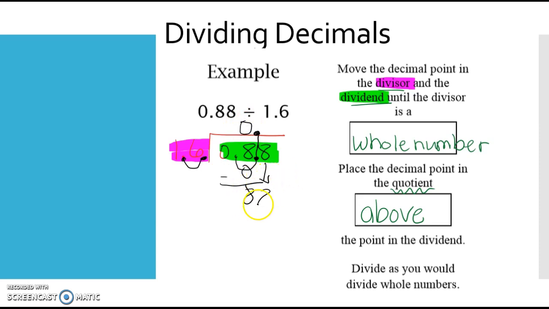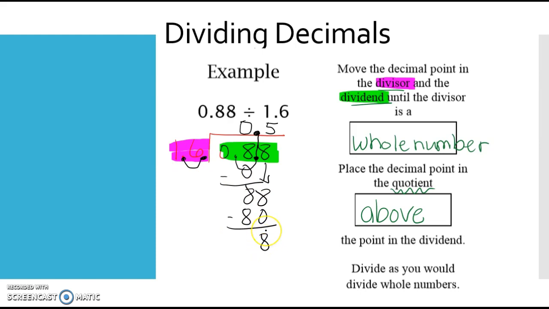Bring down your second 8. And then we have to see how many times 16 can go into 88. This one may not be something you know right off the top of your head, so you may have to take a guess there. Here it actually goes in 5 times. So 5 times 16 is 80.